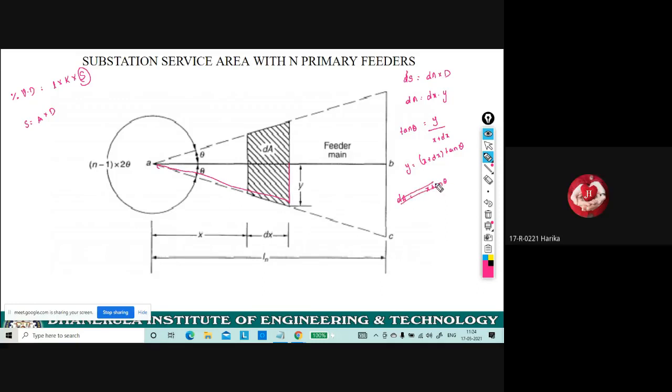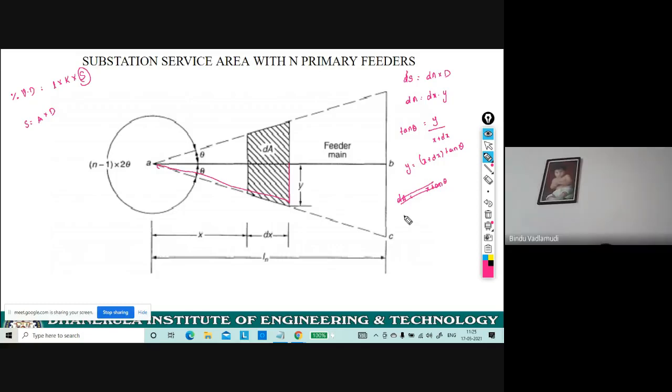So dA is a part of the section. The total area is equal to the integral from x equal to 0 to ln of dA. Can I write like this? Is there anything wrong? That means the total area is from x equal to 0 to ln, or not?